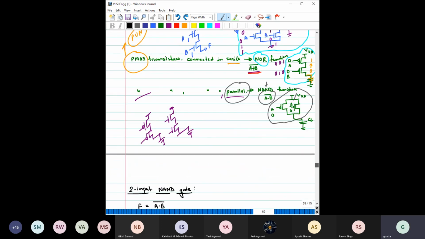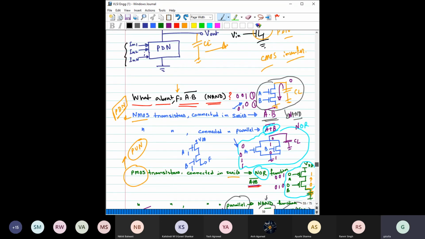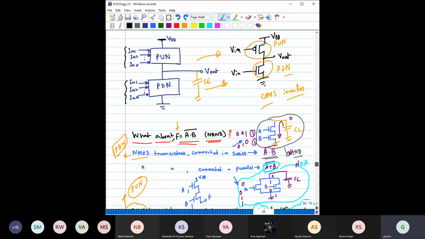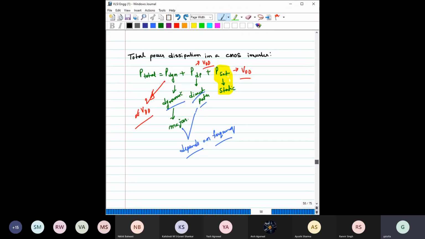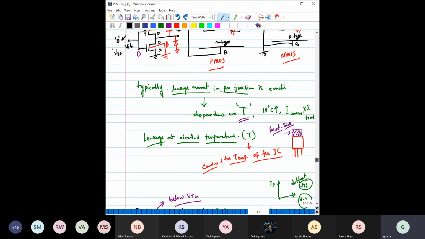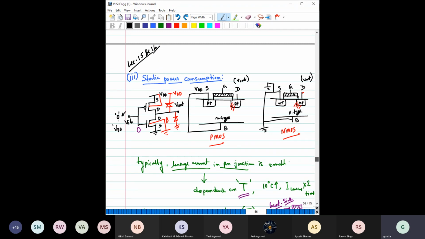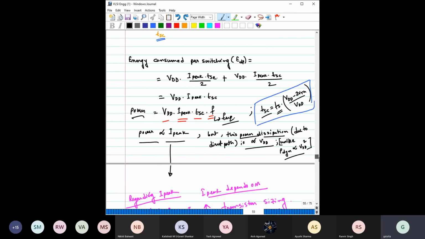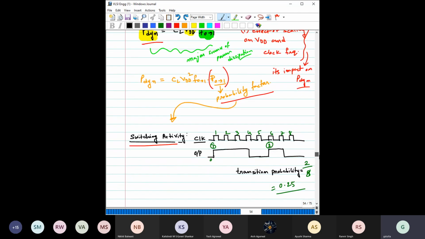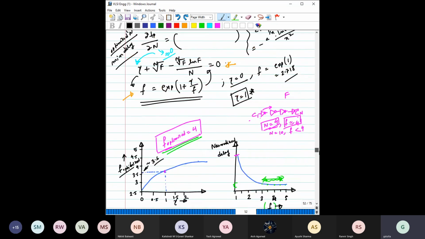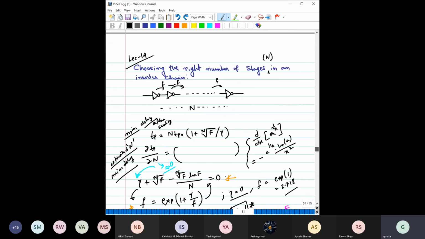Then we discussed how to implement a given Boolean function, and the different types of power dissipation in a CMOS circuit. Prior to that, we were primarily focusing on the delay part.